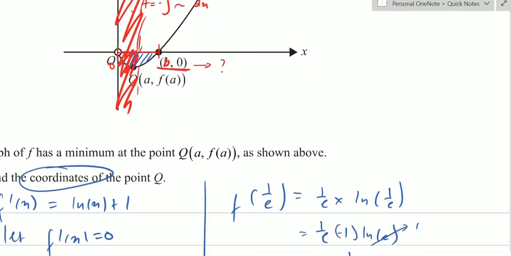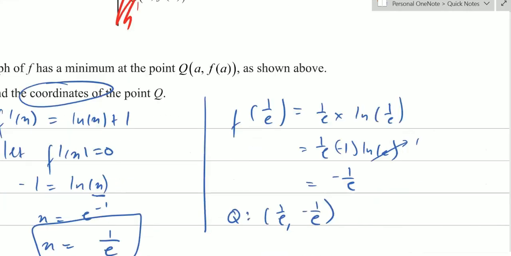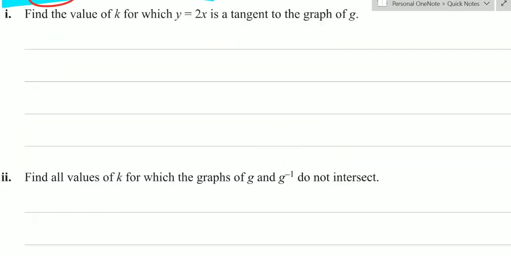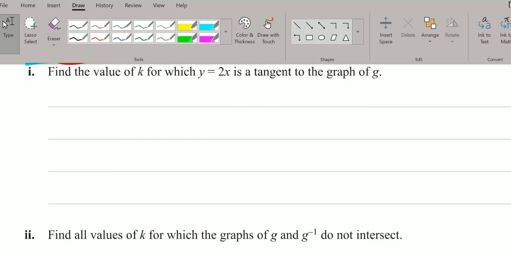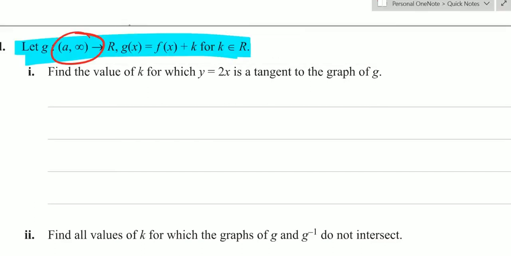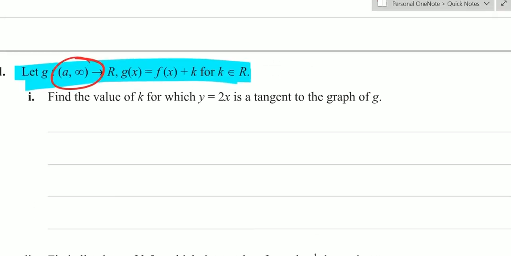It didn't really affect the question that much, but it's good to be careful of things like that in case it does. For example, if it asks for the x-intercept, then this part of the graph wouldn't exist, so you'd only consider this part. But anyways, find the value of k for which y equals 2x is a tangent to the graph of g.